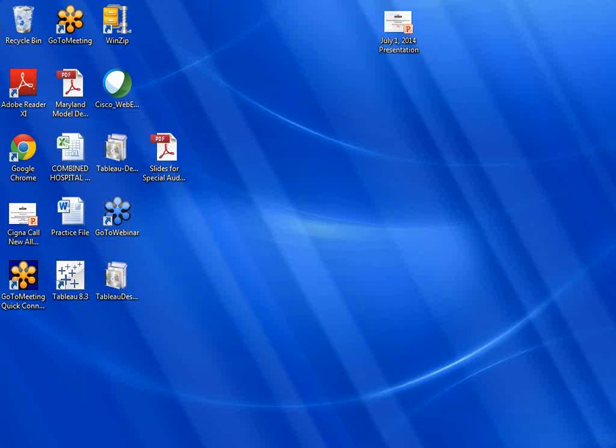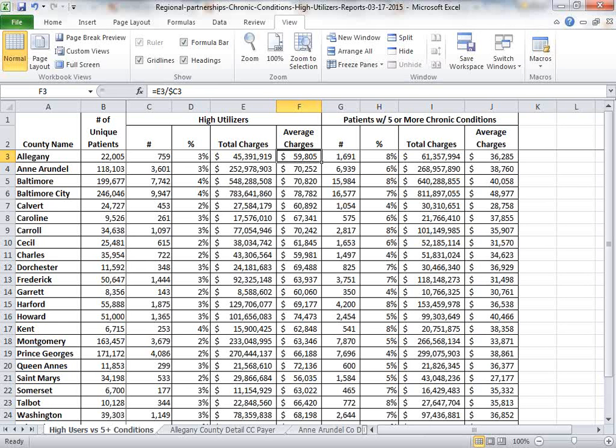That differs from the Tableau reports when they look at 3 or more inpatient discharges during that period. So again, the Excel sheet, it's inpatient and observation stays. The Tableau dashboard using the fiscal year 2014 data is just inpatient. And then our next question was, are any of the patients in the 5 or more chronic condition group part of the high utilizer group and therefore not at risk?